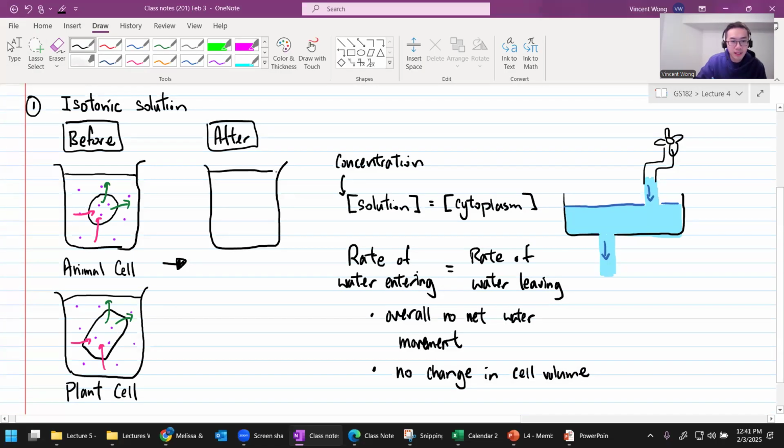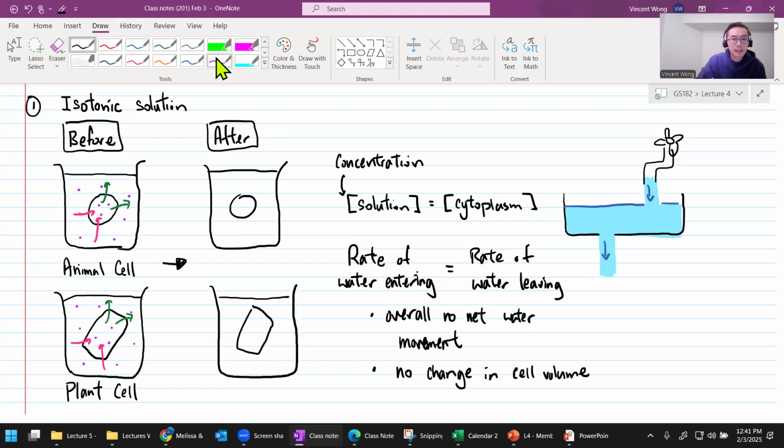Nothing. Nothing's going to happen. The cell would just be like before. Animal cell on top, plant cell at the bottom. It's not going to get bigger. It's not going to get smaller. It's just going to be exactly the way it was. So no change.